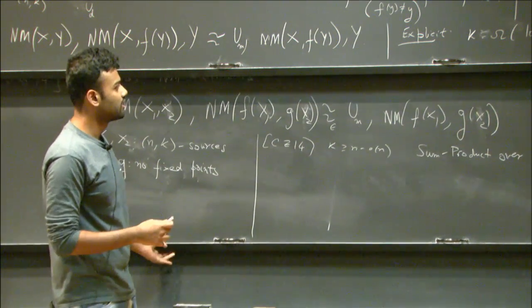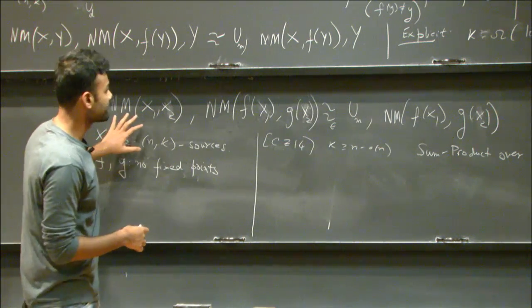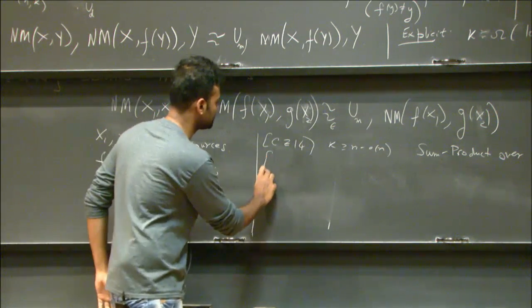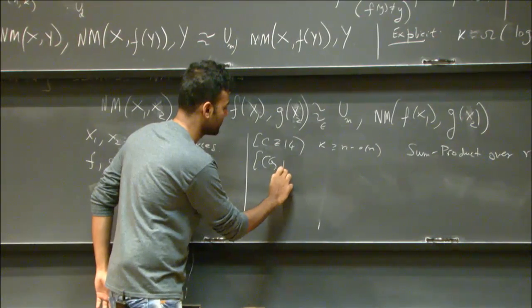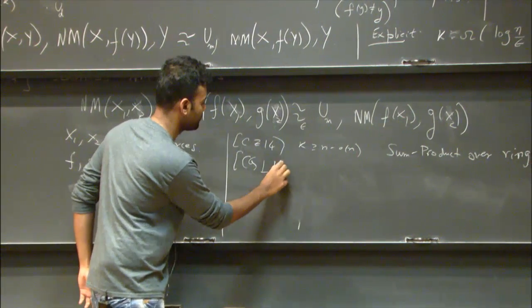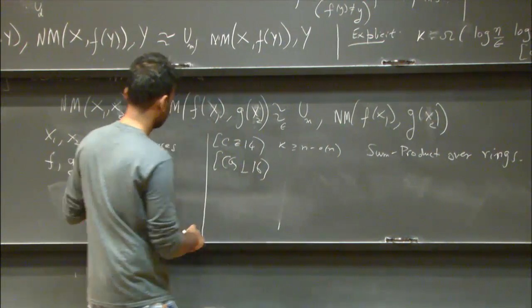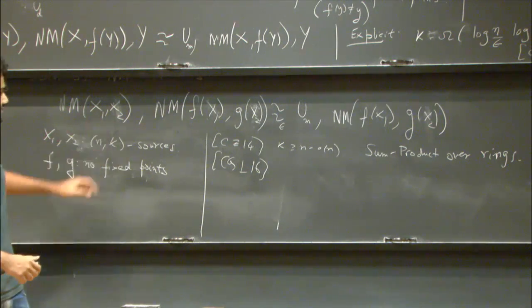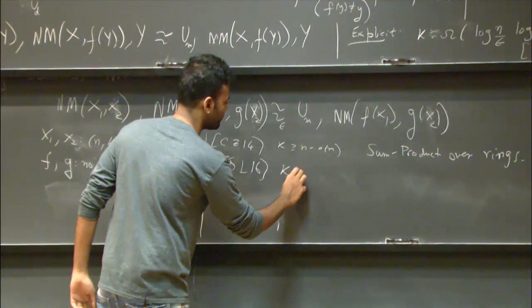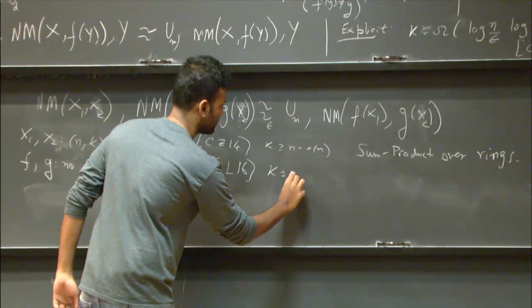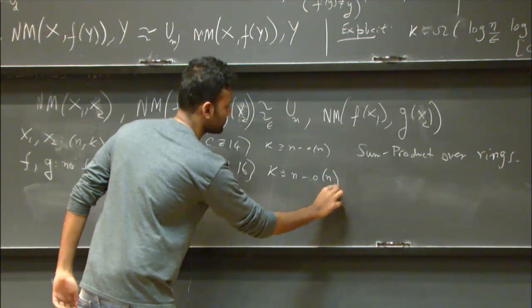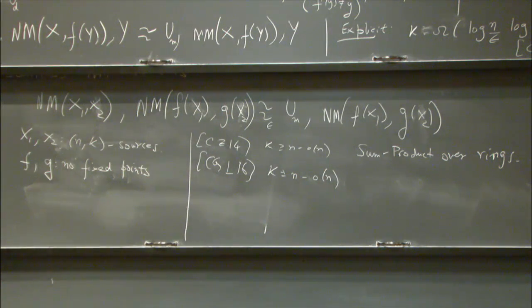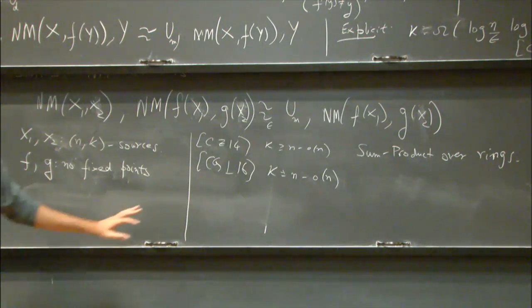The next construction was in a paper with Vipul, Goel, and Shinley, and that actually solved the case for 2 sources, but still requires min-entropy which is n minus little o of n. It's open to get it down, but for the applications it's enough to get high min-entropy.